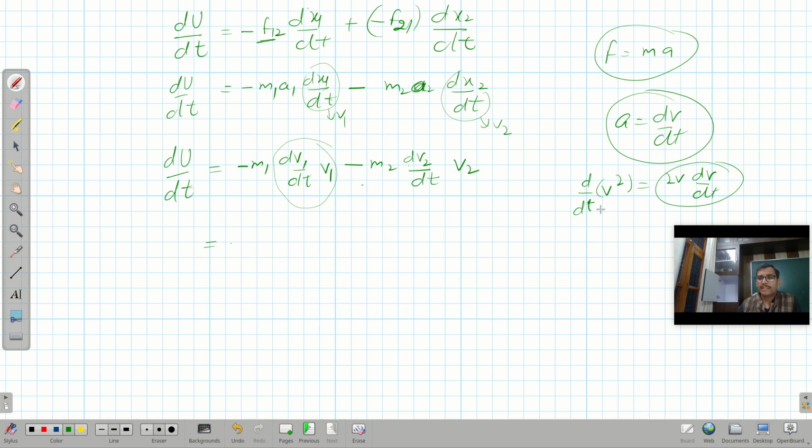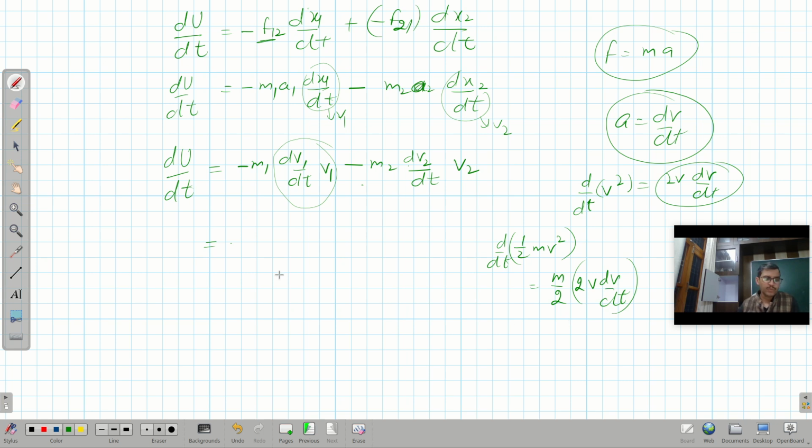Similarly, if I have half m v square, if I take its derivative, then it can be written as m by 2 times 2v dv over dt. It can be written like this, right?